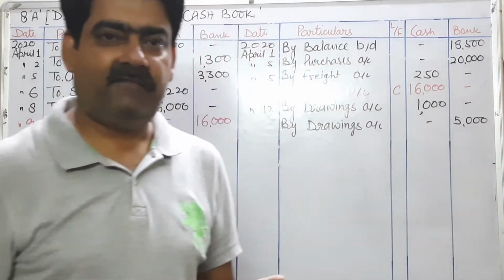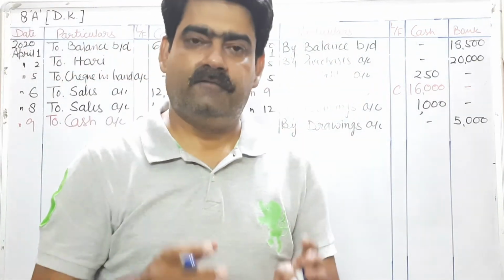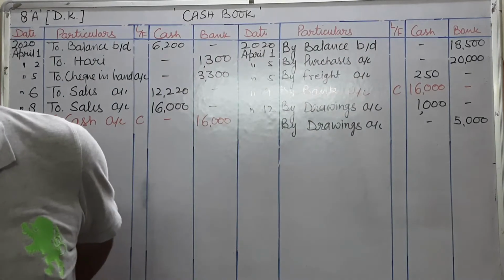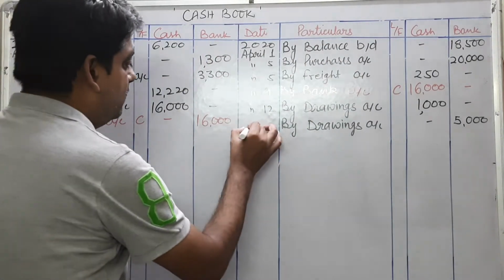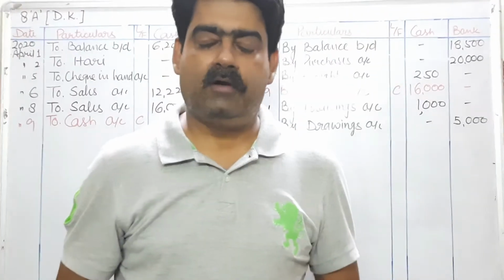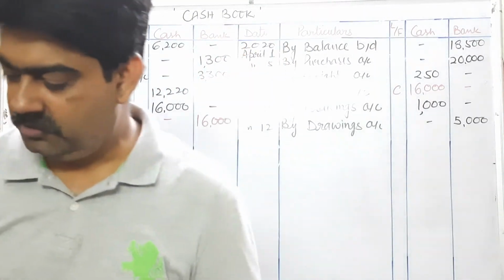Okay, because we are withdrawing the amount from the bank for personal use, and this date is April 12. Okay. See a few more transactions of this question.